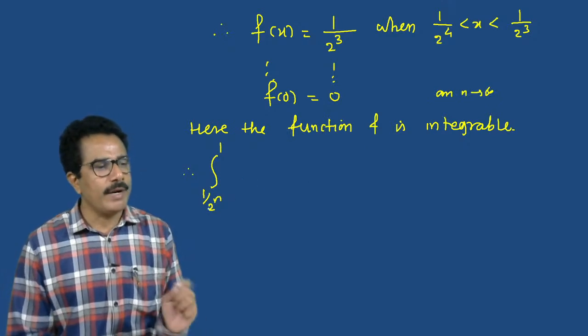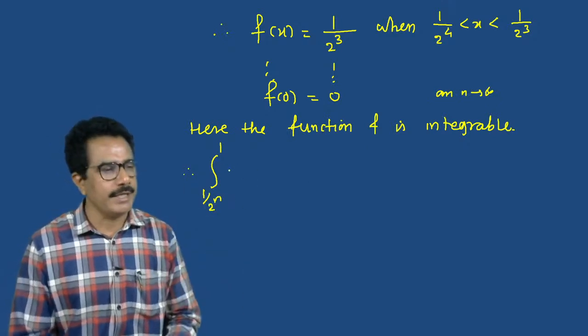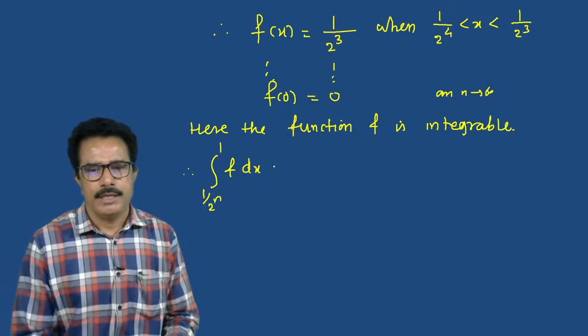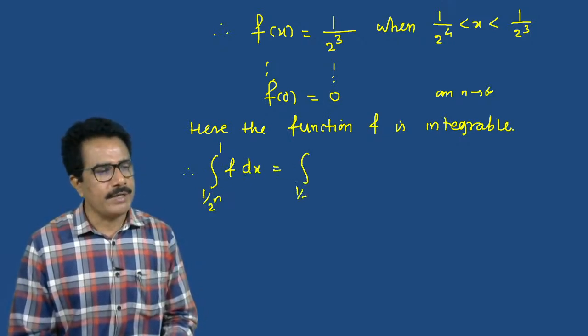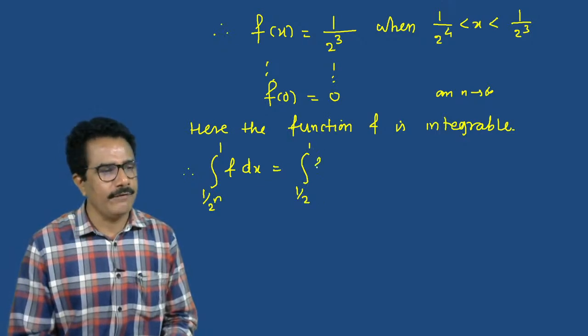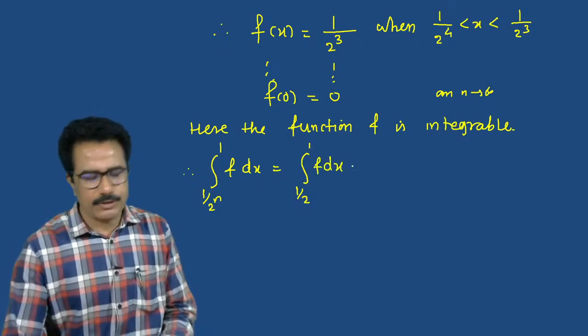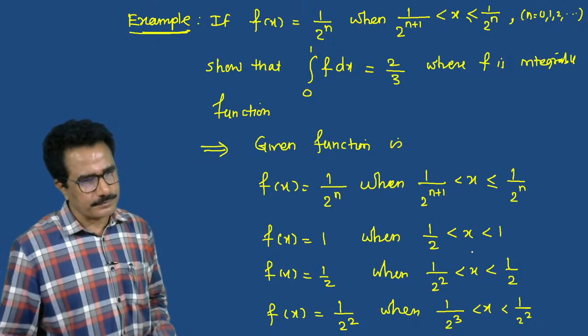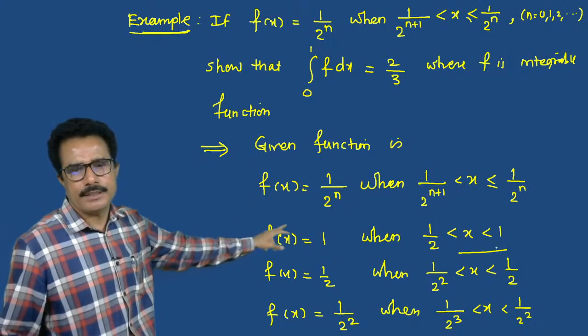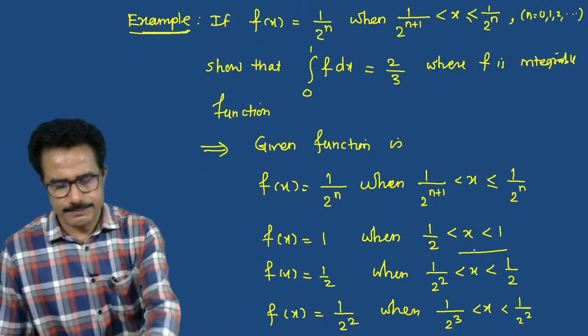Okay, so integral 1 upon 2 raised to n to 1 f dx can be written as 1 by 2 raised to 1 f dx. See, the first part is 1 by 2 to 1 f dx.